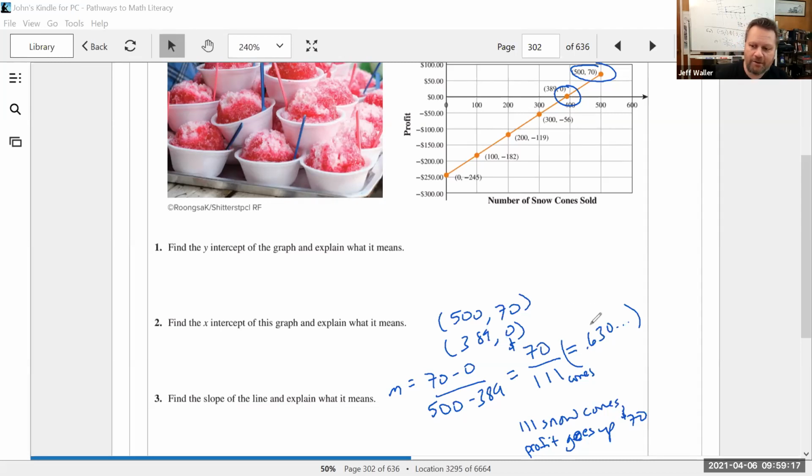Now, stay with me now. If I go to this step, right? There's still a bottom. It's just what's going to be on the bottom now that is going to be 1. So we've basically made this a unit thing. So again, what's the top? The top is dollars and the bottom is cones. So I make 63 cents more in profit every time I sell 1 more cone.